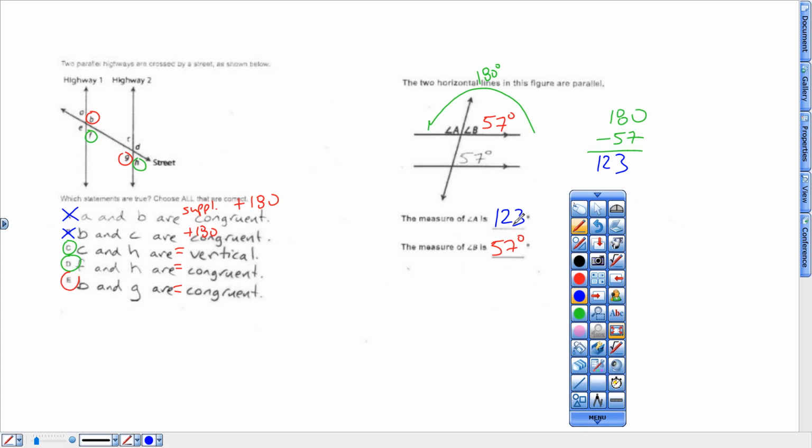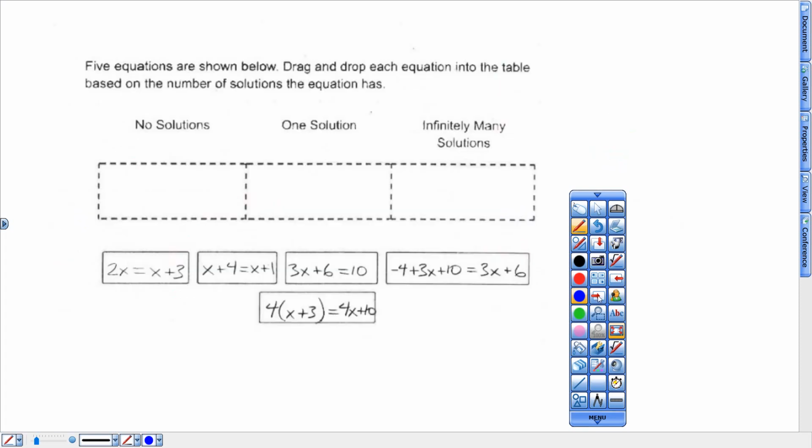All right, fourth word is blue. Blue. All right, here we go. This one. When you have different number of x's on both sides, this one has 2x, this one has 1x. Another one with different number of x's is this one right here in disguise, because this has 3x plus 6, and then over here I have 0x plus 10.